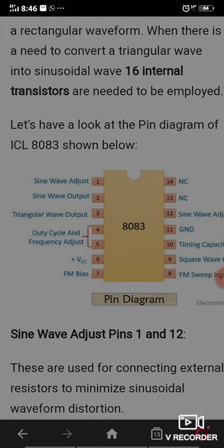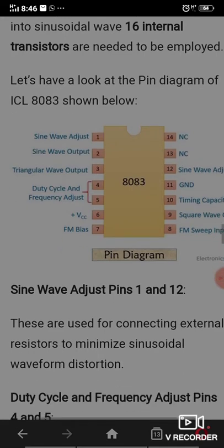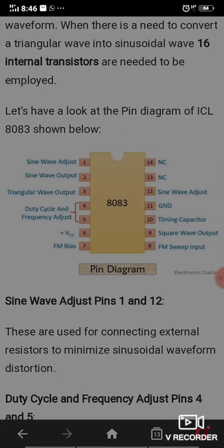Sine wave adjust pins 1 and 12 are used for connecting an external resistor to minimize sinusoidal wave distortion.